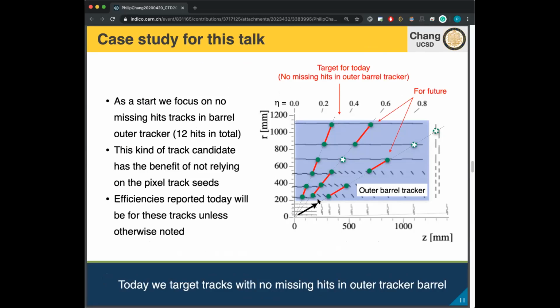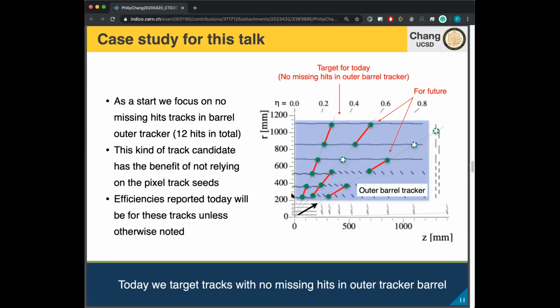Therefore, if you require that there are no missing hits in the outer tracker barrel region, then you would be requiring 12 hits in total. So the target for today is the kind of tracks that leave all 12 hits.